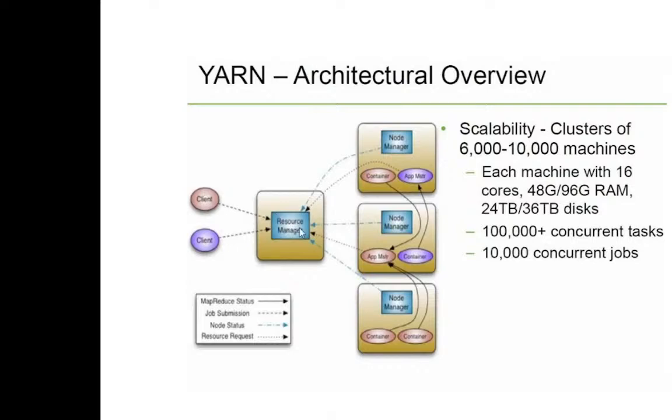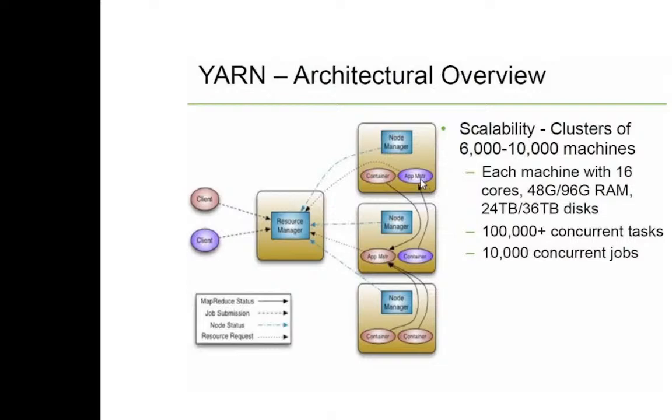So the resource manager will start an application master for it. Over here, it started an application master for this client, or this job. Another job request came, so it will start another application master for that job. Like this, all the incoming jobs will get their own respective application master.